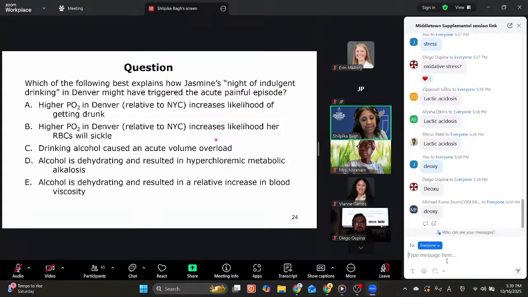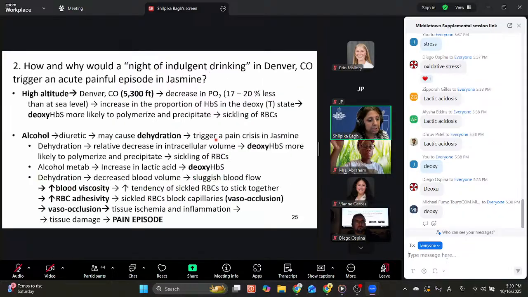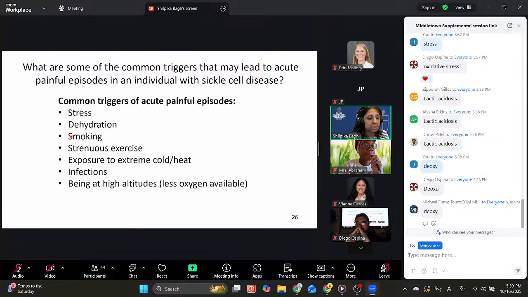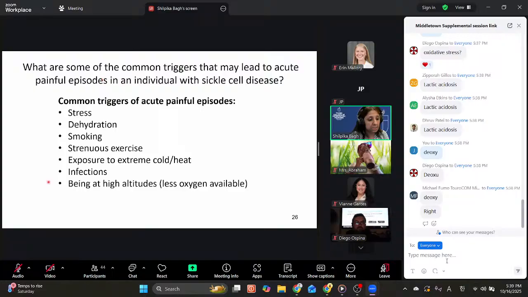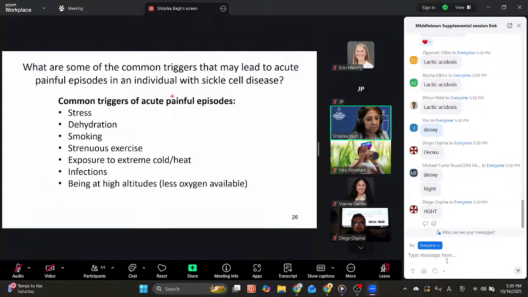Remember, all the time you have predisposing factors that you need to avoid in a sickle cell patient. So you've got to understand the sequence, the concept, not just memorize that you want to avoid deoxysickle hemoglobin. Any factors, for example in this case alcohol that increased viscosity due to dehydration, anything that favors deoxy, all these factors also shift the curve towards the right.